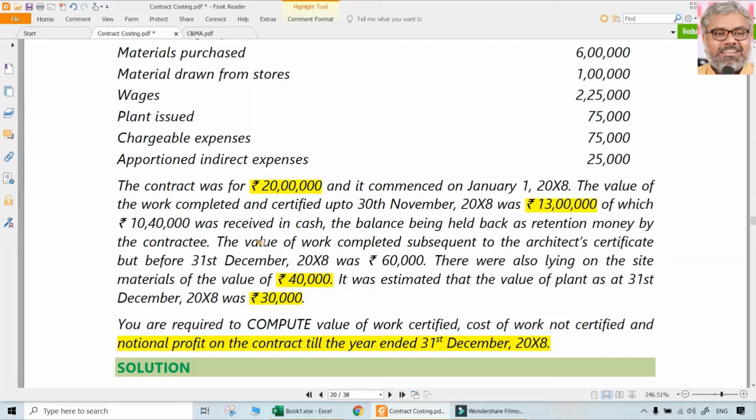But the value of the work completed subsequent to the architect's certificate, but before 31st December 2008, was 60,000. Here the word used is value. It is uncertified, that is clear. But what you want is cost of the work not certified.